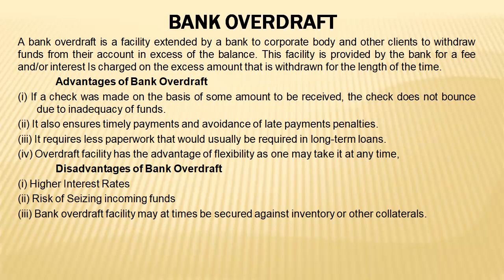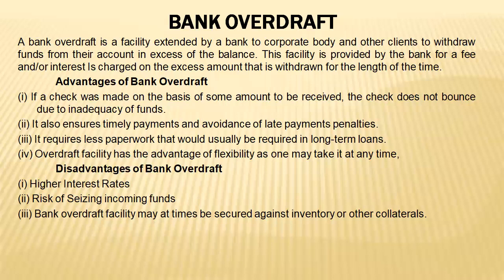So for example, you have, let's say, 20,000 in your account, but you've given out a check to one of your clients. The check is supposed to be for 30,000, or let's say 25,000, and on getting to the bank, what is in the account is 20,000. If you run a current account, you are allowed a certain allowance such that they don't need to give the check back to the client to return to you.